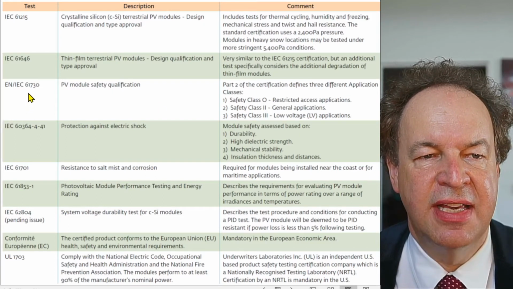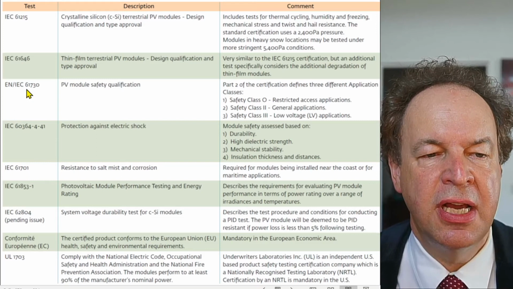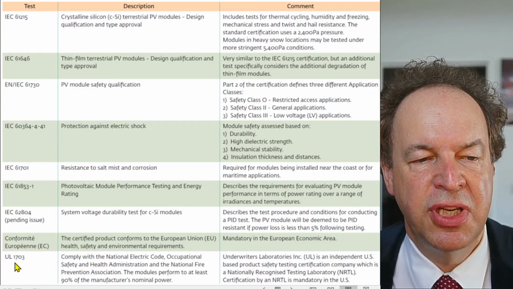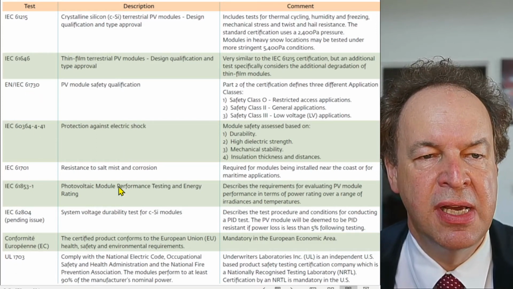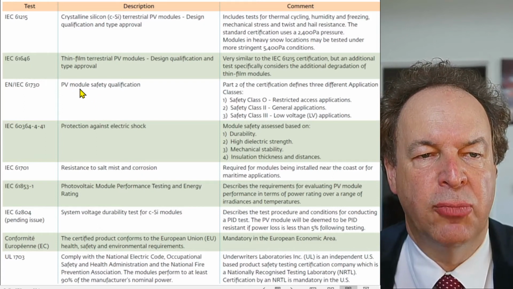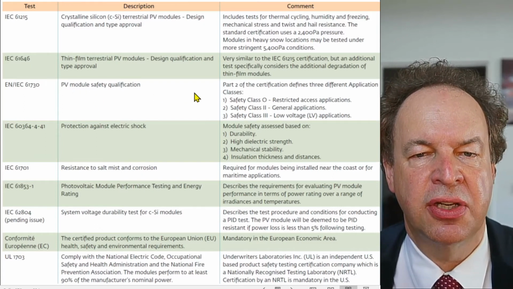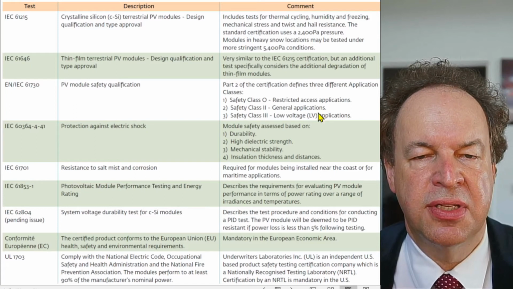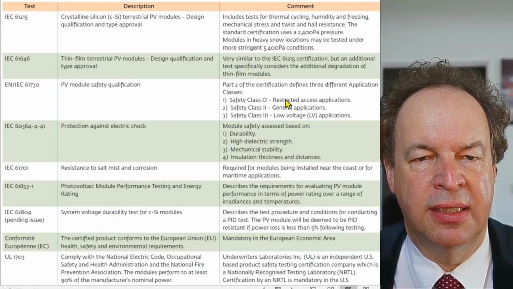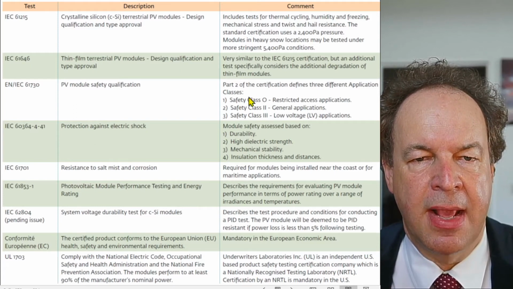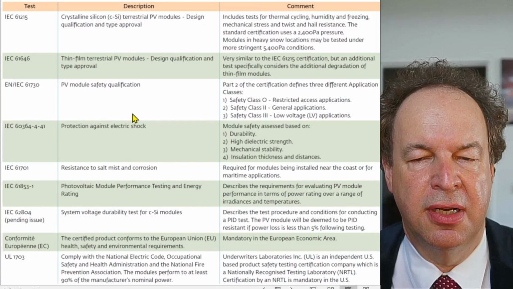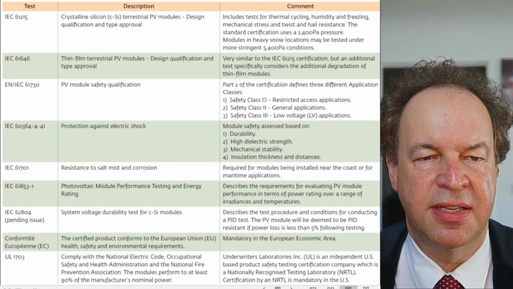Then we have the IEC 61730, which is very similar to the UL 1703. This is a module safety qualification. So here are the safety classes which come out as a result of these tests.